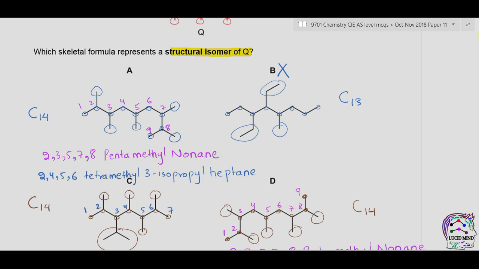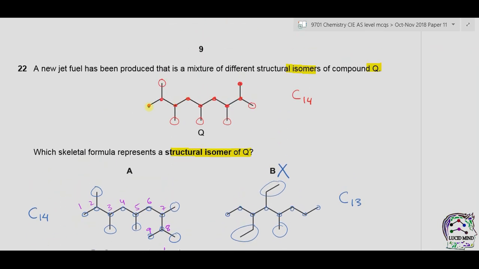Now we can look at the given structure. We had 1, 2, 3. On second, third, fifth, 7th and 8th we had 5 methyl groups, pentamethyl, and the long chain was of 9 carbons, so we can write nonane.